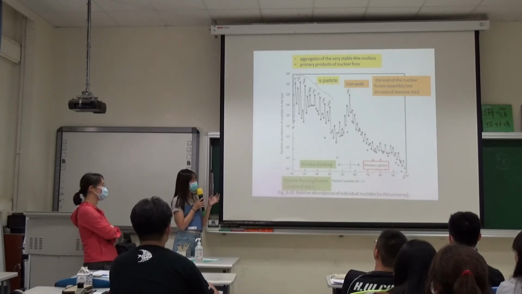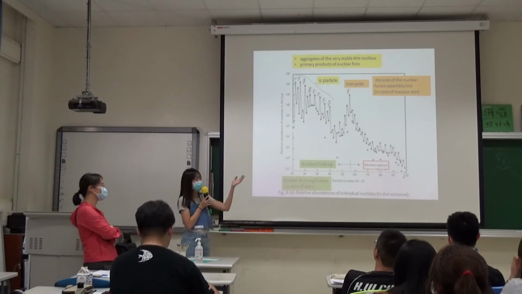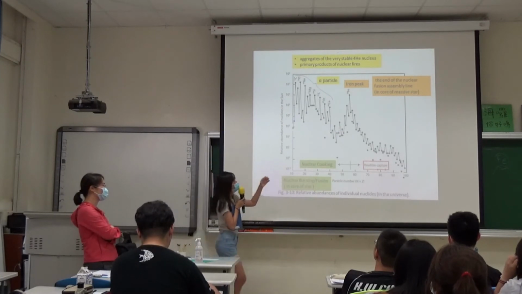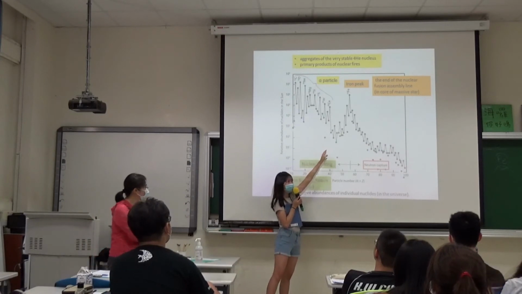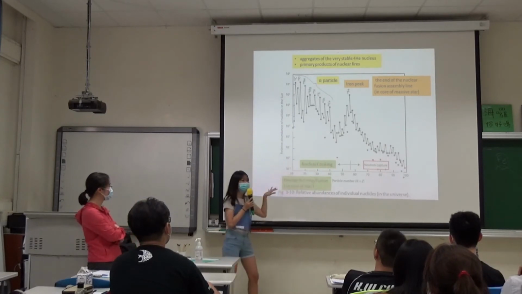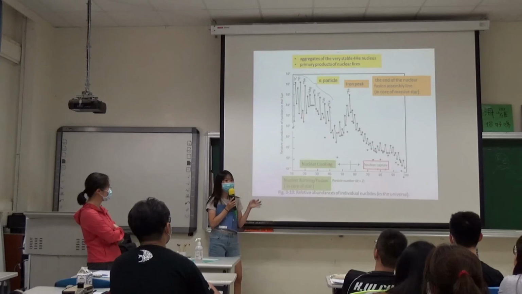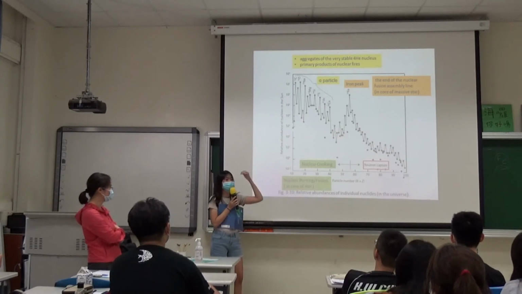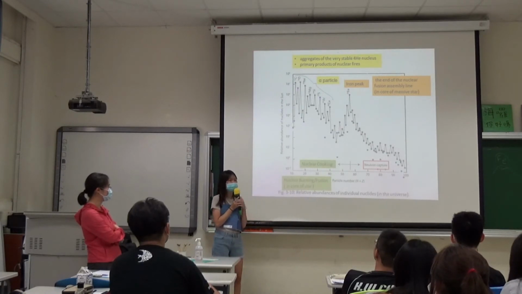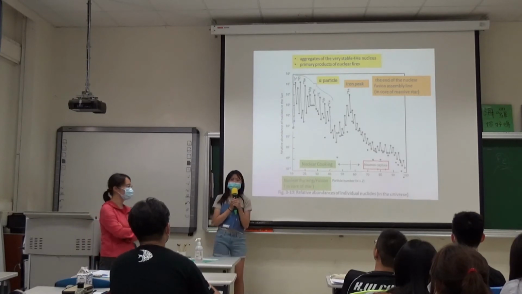Then they will have a much more abundant number. 44 just has a lesser abundance, so they don't care about it. All of the alpha particles are in large abundance. So if we just call it a nickname, then you can know that alpha particles are much more abundant in the universe.